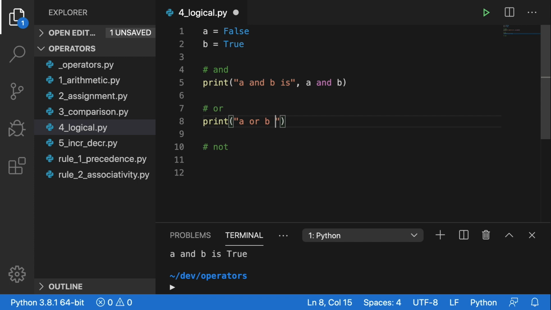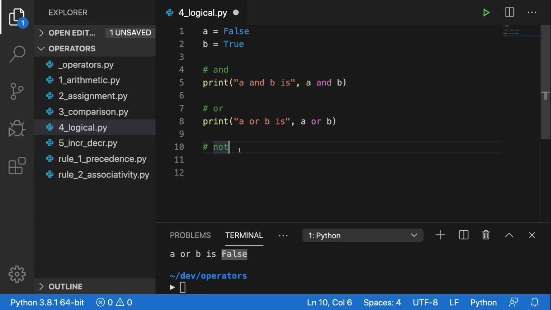A or B. The result should be true because B is true. If I change B to false, in this case, neither of the operands is true, and this expression will be false. I'm gonna change it back, and let's move on.